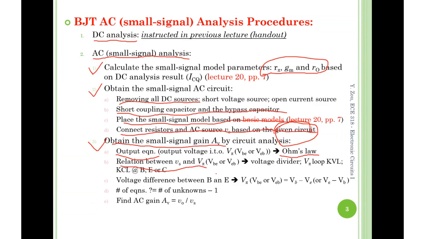Here, you might consider using a voltage divider, or you might consider using the V pi loop KVL or KCL at terminals. So you need to see in what kind of circuit you can use the voltage divider, because sometimes you cannot.